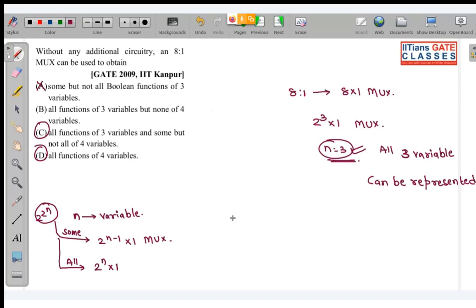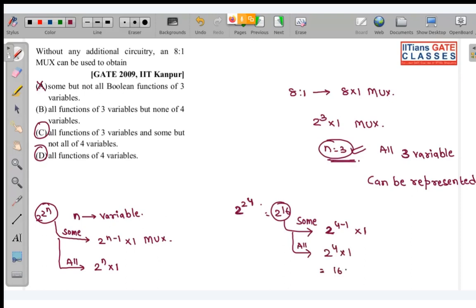See, if it is a 4 variable, so that means we have 2 to the power 2 to the power 4 functions. Okay. So that is 2 to the power 16 total functions. So out of this, some of them can be represented using 2 to the power 4 minus 1 cross 1 mux, but all of them can be implemented using 2 to the power 4 cross 1.